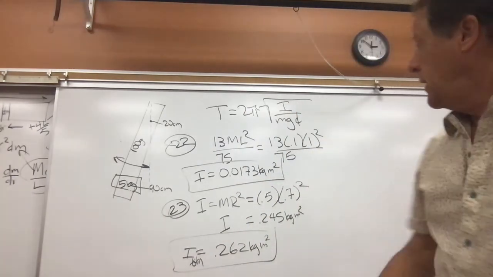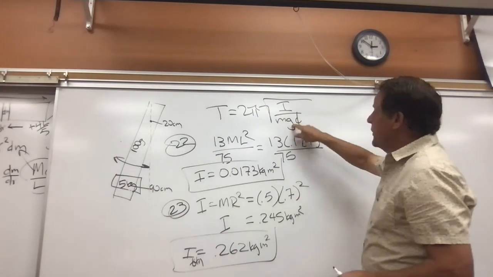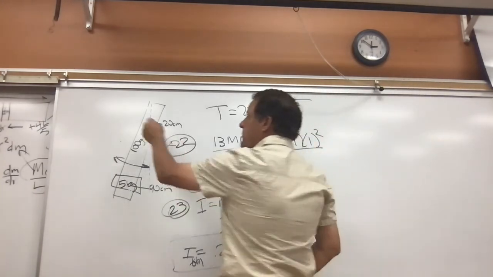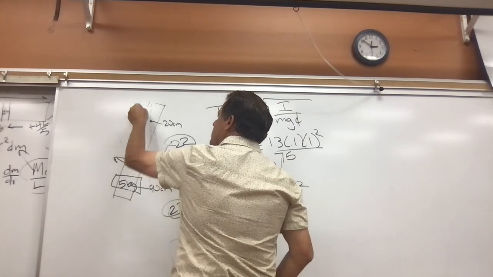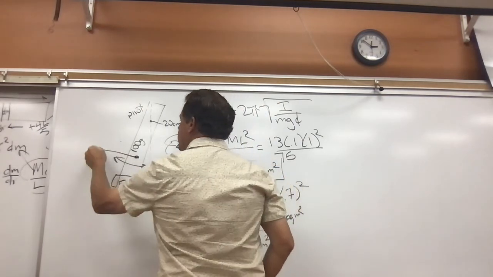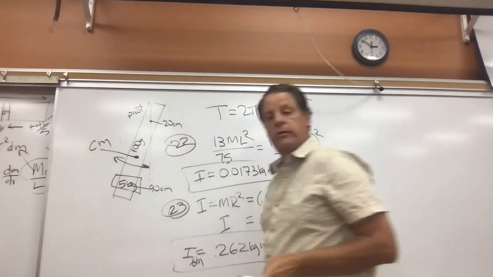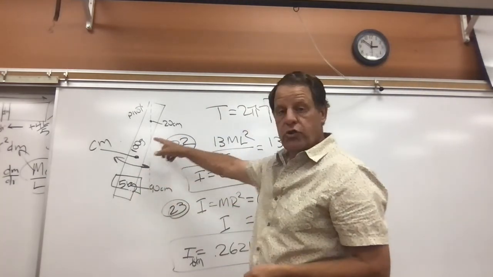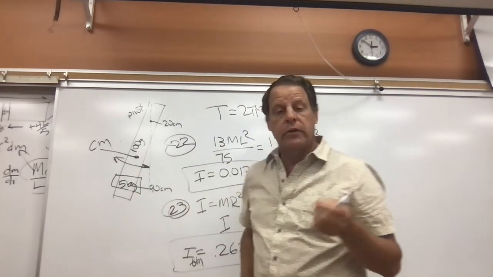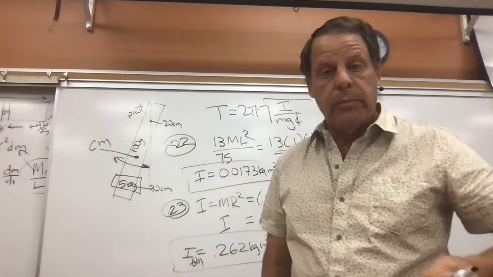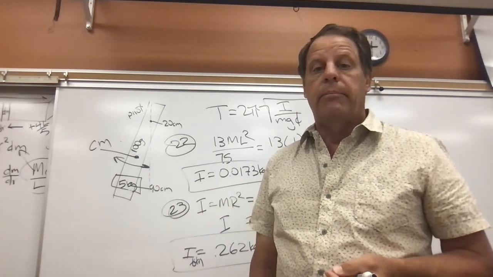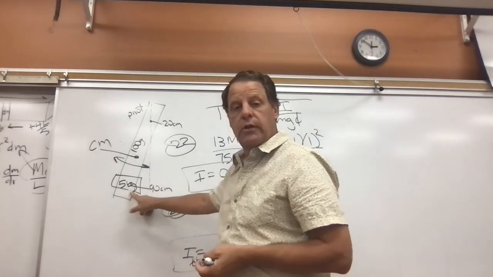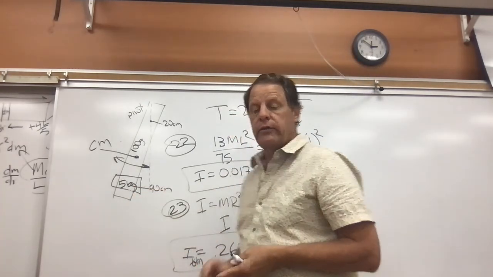Now, we know what the mass is, we know what gravity is. Now, this distance here is the distance from the pivot point to the center of mass. If it was just the meter stick, that center of mass would be at the halfway point at 0.5. But we also have this, which is way down at that 90 centimeter mark.